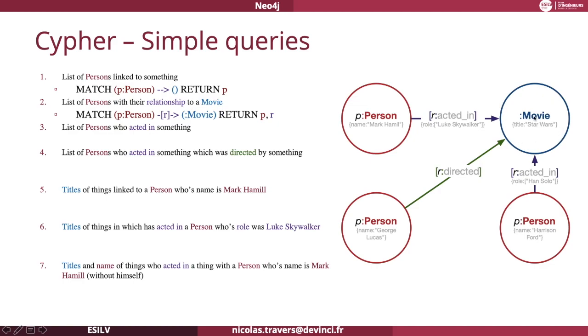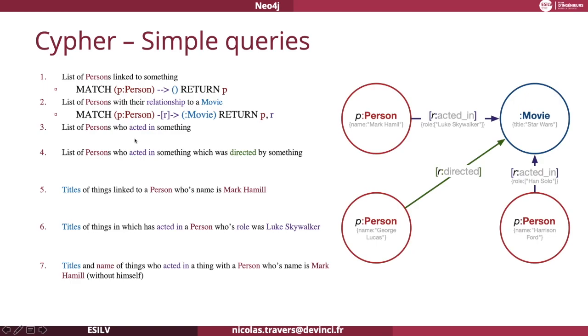All the links are referred to by the r relationship variable. And we return the p values and the r. So we'll have this result, this one, and this one. Not the movie, only the p variable and the r variable.